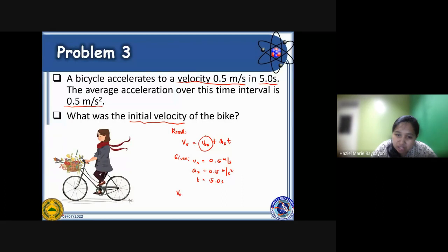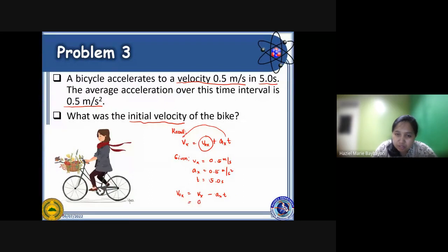So you have V naught x equals, ibalhin ni siya para ma-isolate. Isolating this one, we have V naught x equals V sub x minus A sub x times time, since gibalhin man ni siya sa kabilang side.